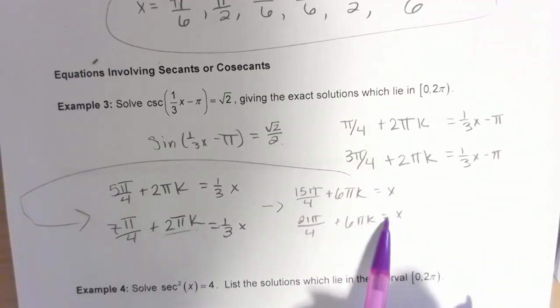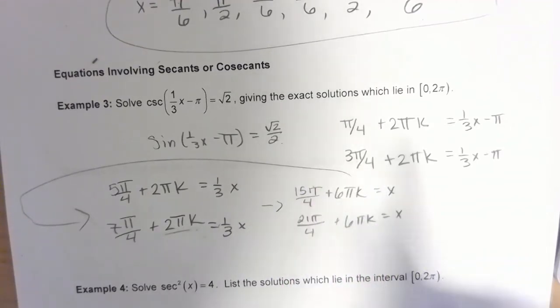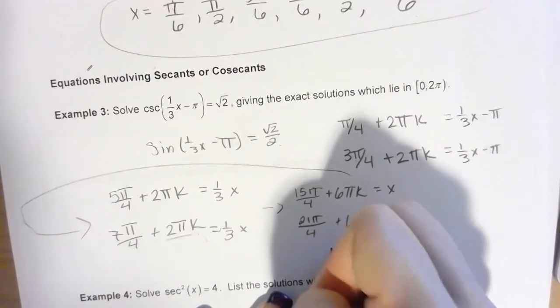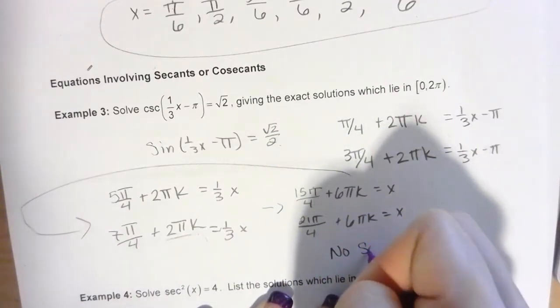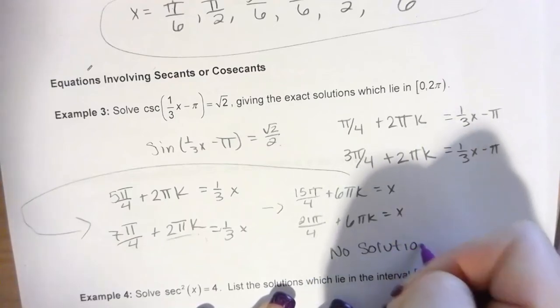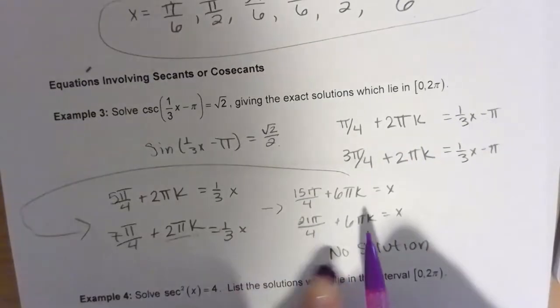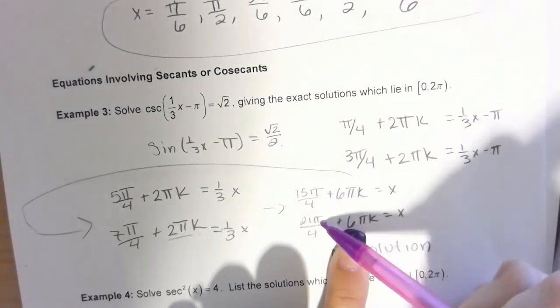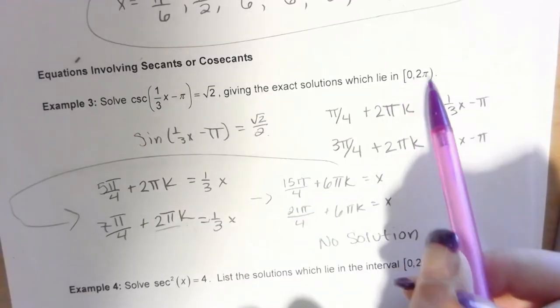If we plug in 0, both of these are over 2 pi. So there are no values that lie between 0 and 2 pi. So this is no solution. Again, it is no solution because when we plug in even 0, this is above 2 pi. We only want to be between 0 and 2 pi.